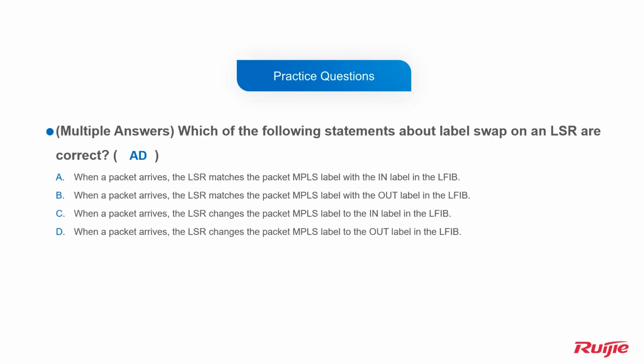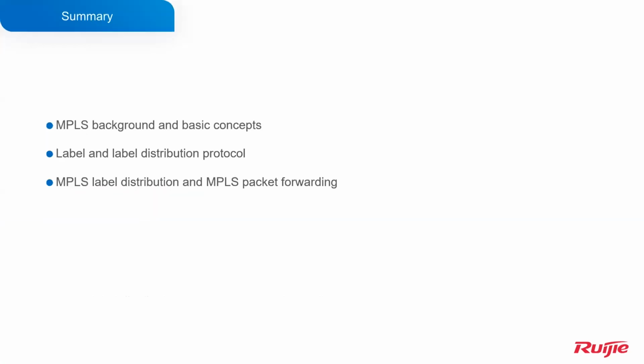And another one is for the change. The first step, we have to match. The second step, we have to change. If we change, we will use the out label in the forwarding table. So this one is very important. The in label is used for matching, and the out label is used to add a new label. So option A and option D are correct.